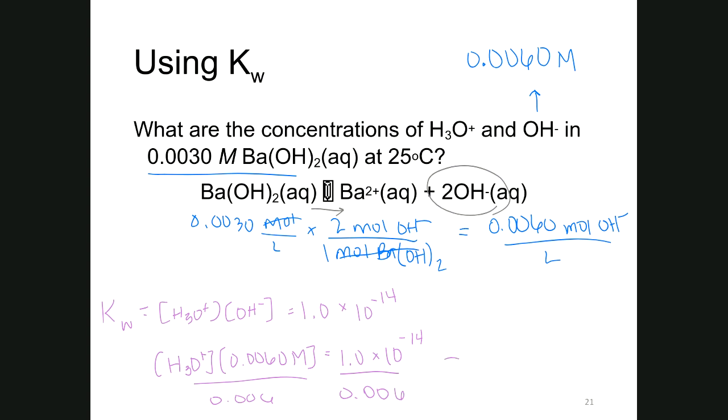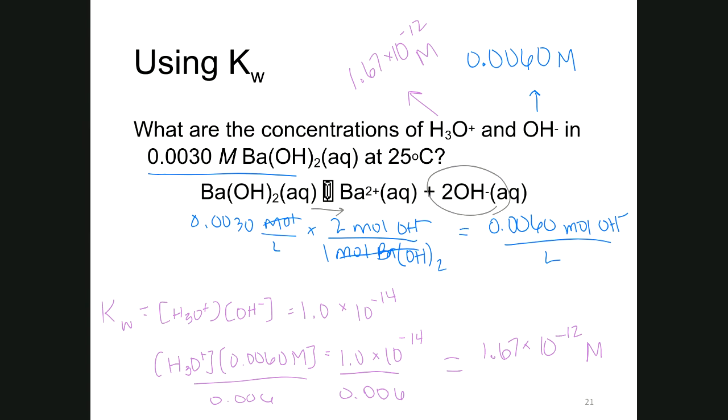And so once we do that, we end up with a hydronium concentration of 1.67 times 10 to the negative 12 molarity. So for our hydronium, that would be our final answer. And so that's how we can figure out our two concentrations here.